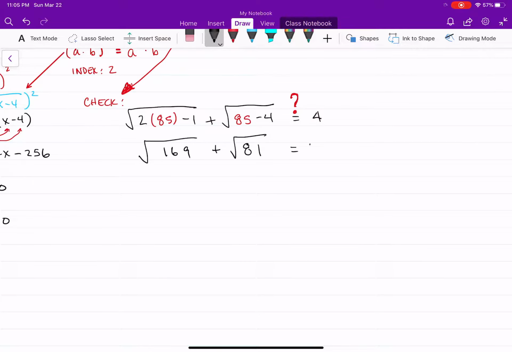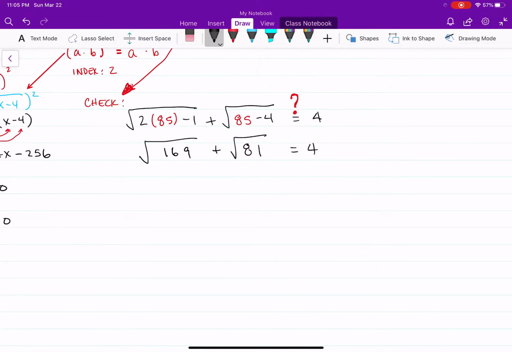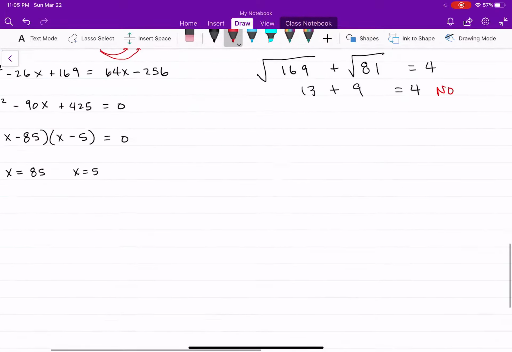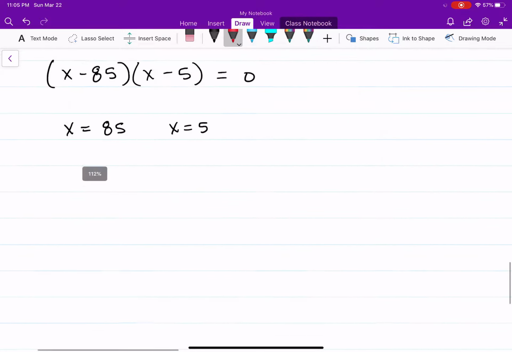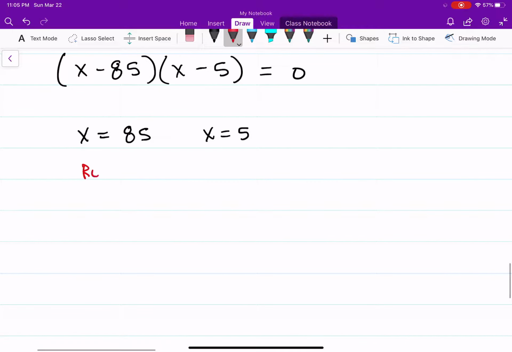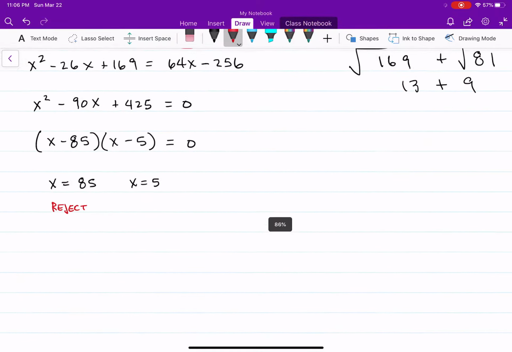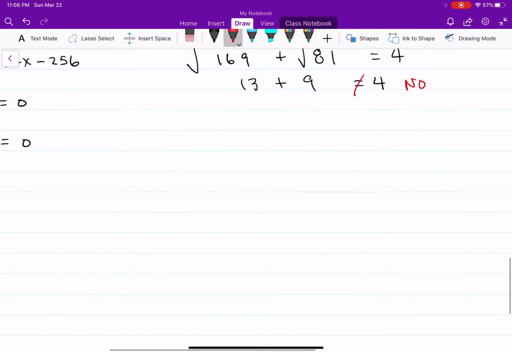Is that equal to 4? So square root of 169 is going to be 13, plus 9. Is that equal to 4? Heck no. So therefore, I have to reject that one, because I know that that's not equal.